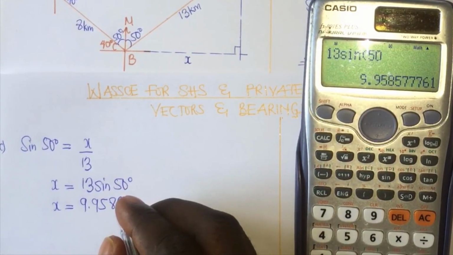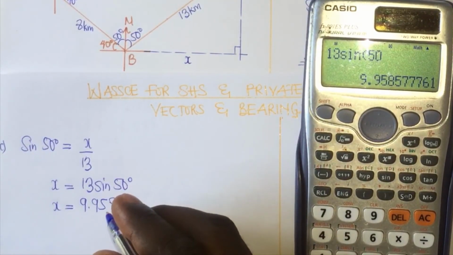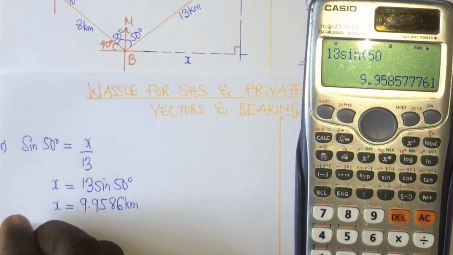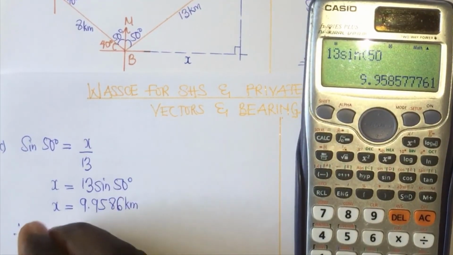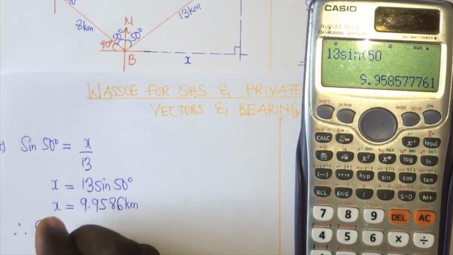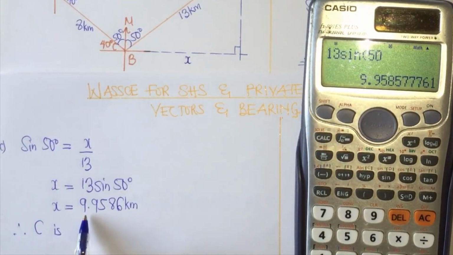But we are to do the conversion to 3 significant figures. So we can say, therefore, C is, let's convert this one, 9.9586 kilometers. So 3 significant figures, 1, 2, 3. So we round this and add to that.